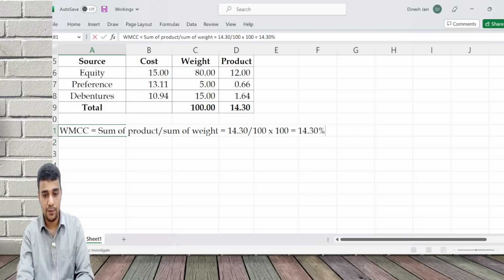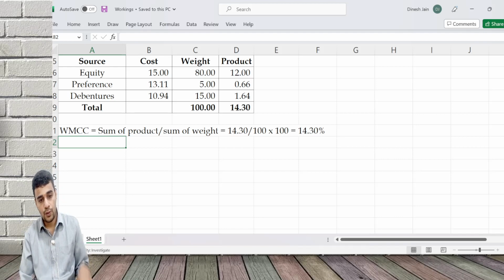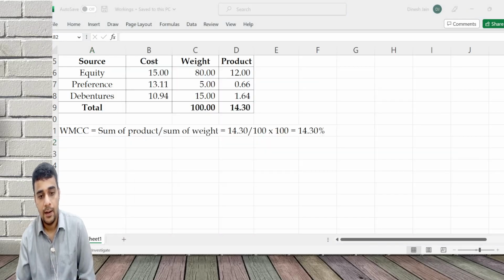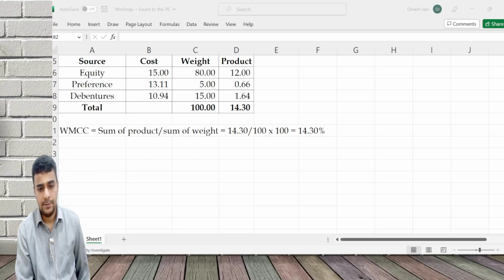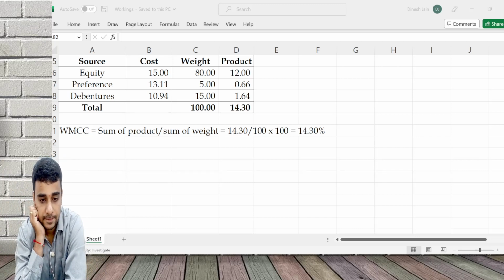Note it. Let me know if there are doubts. I'll wait. WMCC is 14.3%.